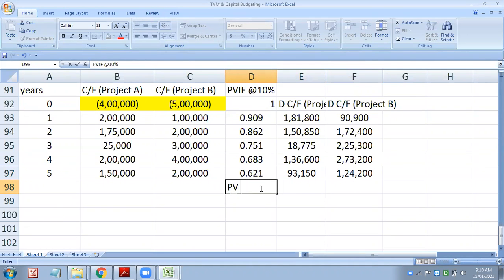What is the present value of cash inflow for project A and project B?